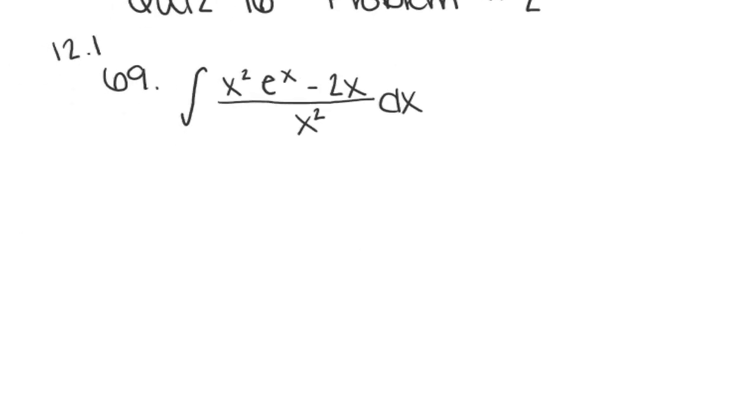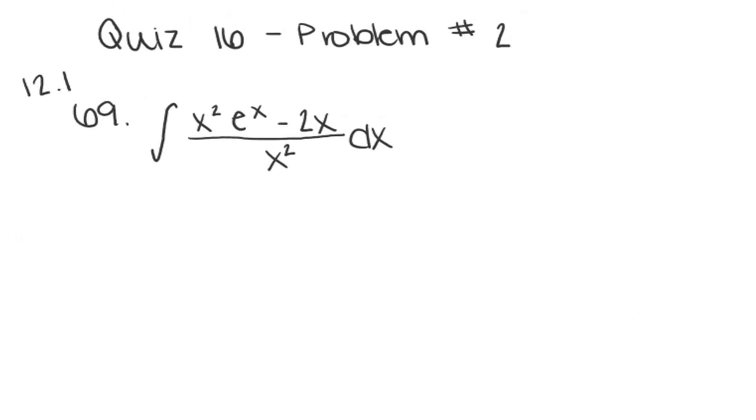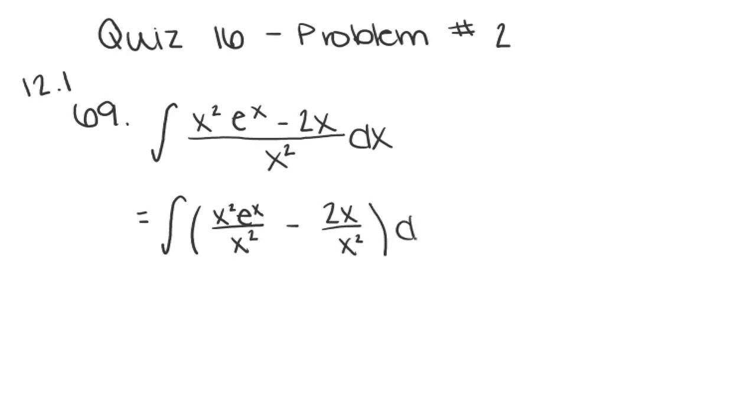So what we can do here is break this up into two separate fractions. So we have x squared e to the x over x squared minus 2x over x squared dx.